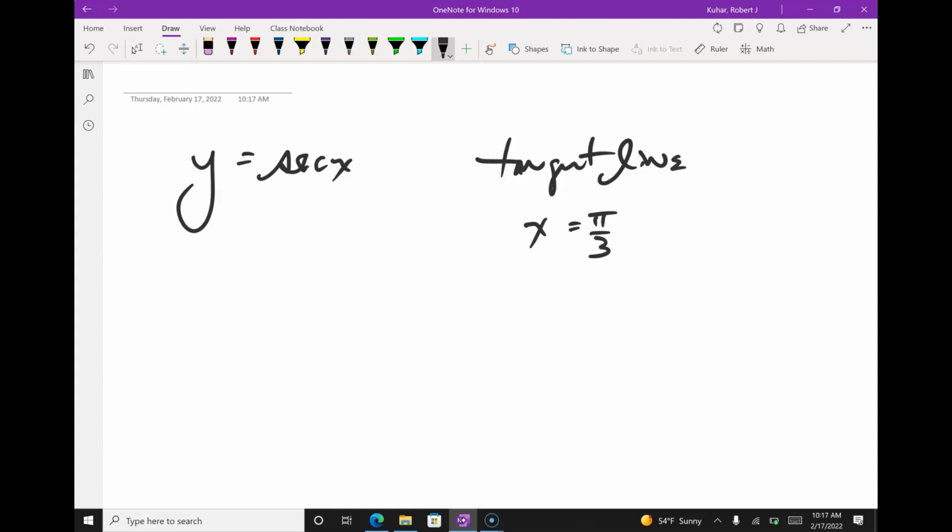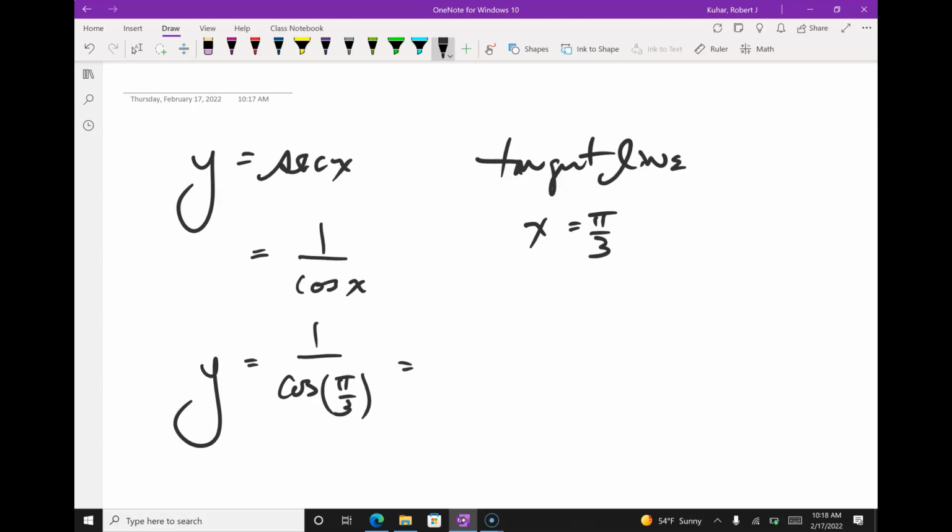Well, they told me it's pi over 3 comma 2, but I want to make sure I agree, right? So I don't think in secants, I think in cosines, right? So I know that y equals 1 over cos of pi over 3, and of course cos of pi over 3 is 1/2, so I get 2. Agreed?